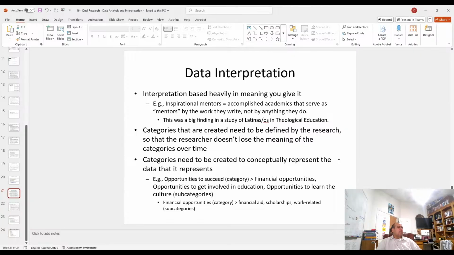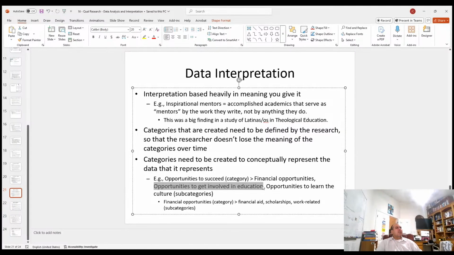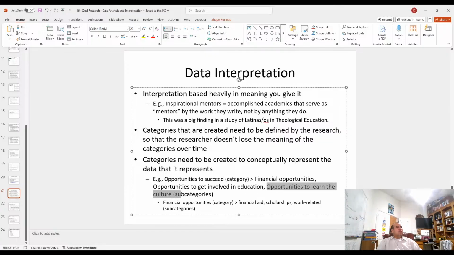And here's another example from a study that I did, right? Remember I talked about the trunk being connected to large branches that are connected to small branches that are connected to leaves. So this was opportunities to succeed, right? Under opportunities to succeed, we had financial opportunities, opportunities to get involved in education, opportunities to learn the culture.